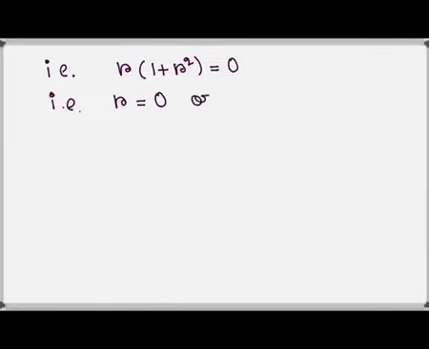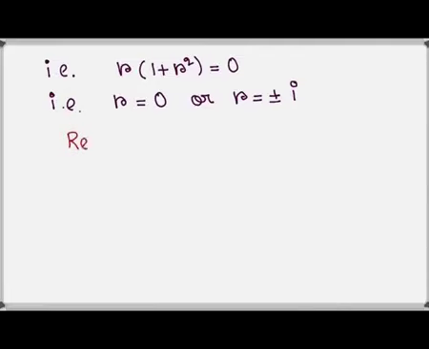That is, we shall have R into 1 plus R square is equal to 0. That is, we shall have R is equal to 0 or R is equal to plus minus i.